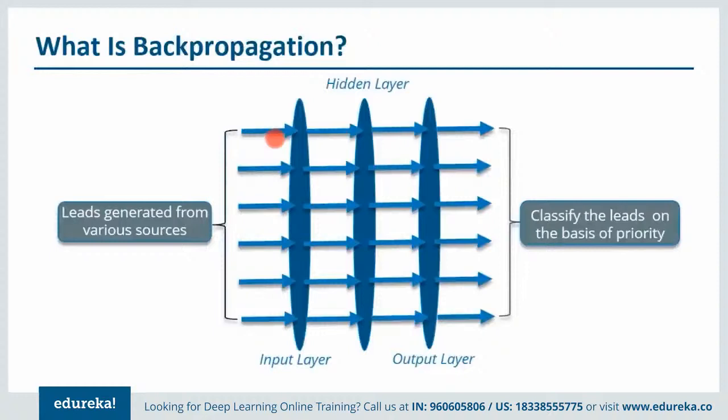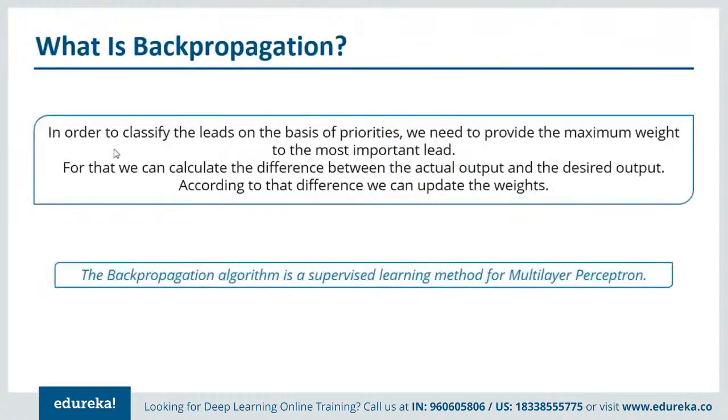How am I going to do that? First, we'll see the output. Then accordingly, we'll calculate the error. And based on that error, we are going to update the weight. This process is your backpropagation in a nutshell. Although the algorithm is pretty complex, this is basically what happens. So in order to classify the leads on the basis of priorities, we need to provide the maximum weight to the most important lead.